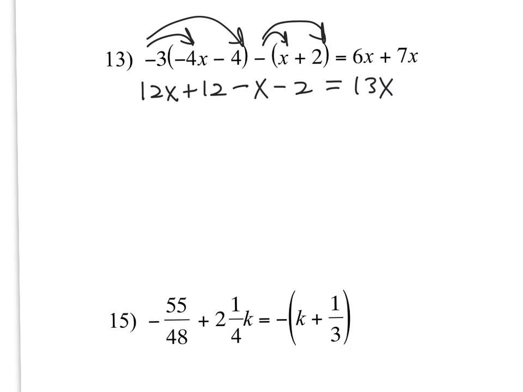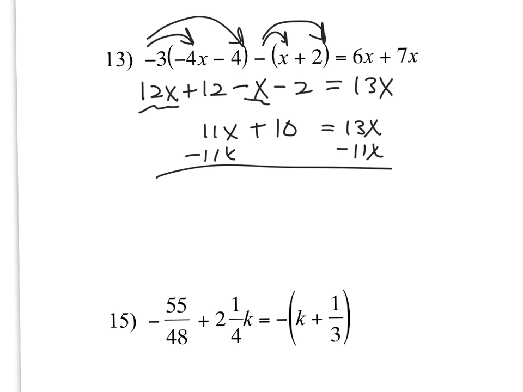Okay, so simplifying, I'll combine like terms: 11x plus 10 is equal to 13x. When you take away 11x from both sides, I'll have that 2x is equal to 10, so x is equal to 5.